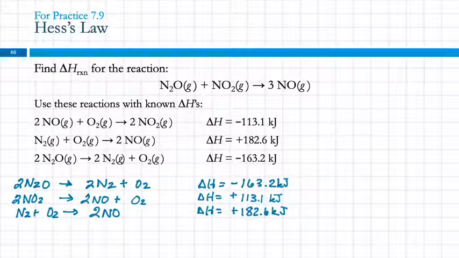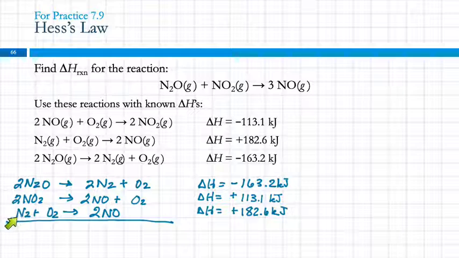So then let's look at this and see if this is going to work out. So I want the nitrogens and the oxygens to cancel out. I've got 2 nitrogens over here, and I have 1 down here. I need 2 of them to cancel out. I have 2 oxygens over here. I have 1 oxygen down here.